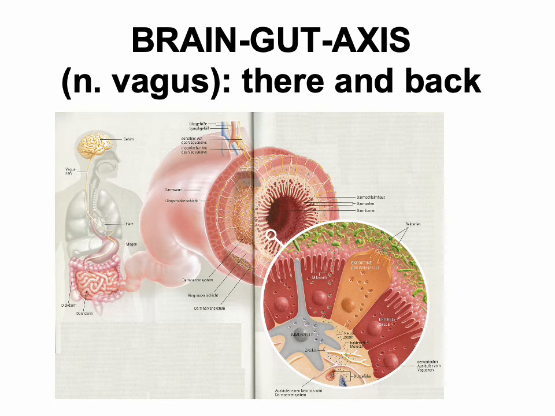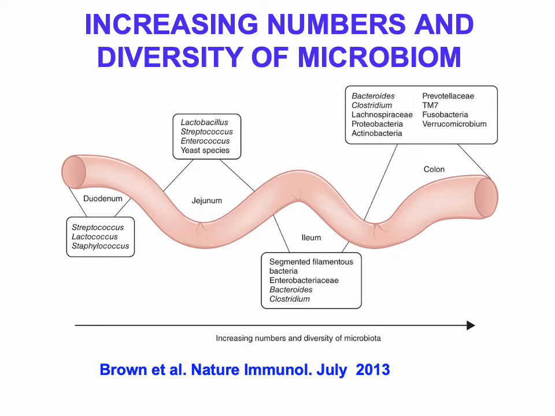And now we see that the brain-gut axis is a there-and-back route, mostly using the nervus vagus. The number and diversity of the microbiome is not the same along the gastrointestinal tract.